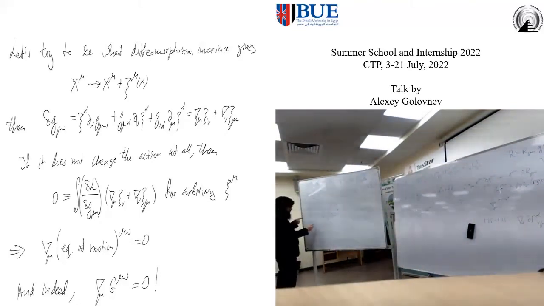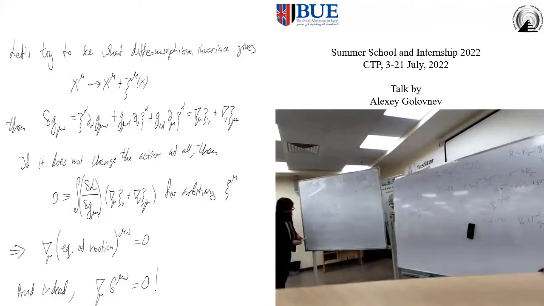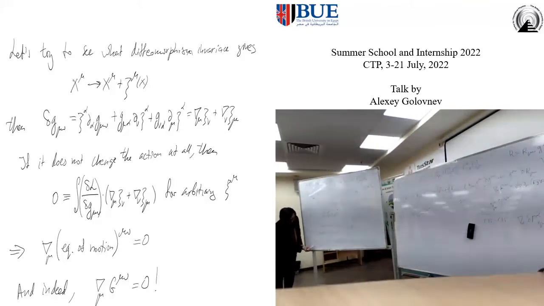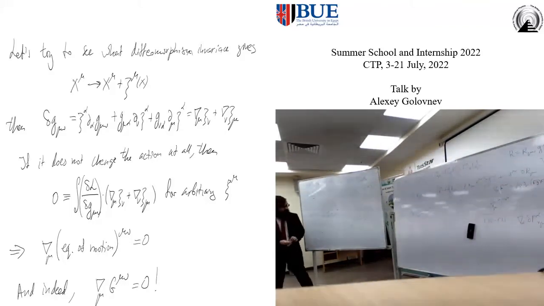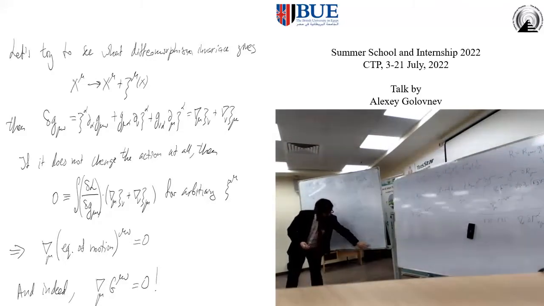But I know now that if I do the change of coordinates, I have some particular variation of the metric, which is given by the covariant derivatives here.